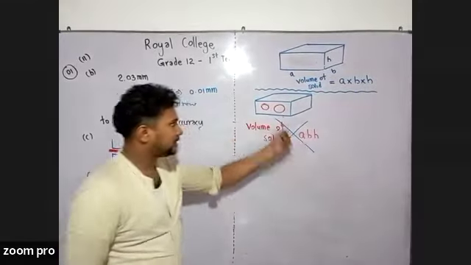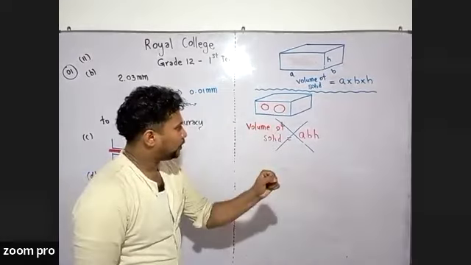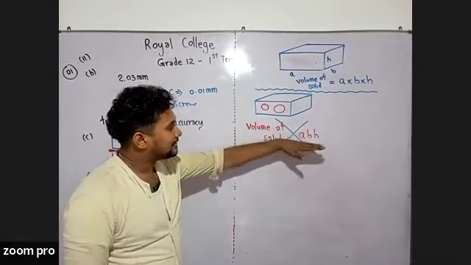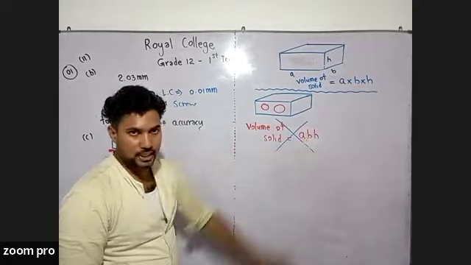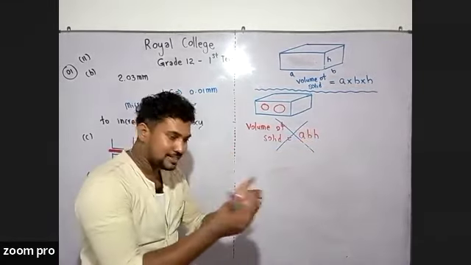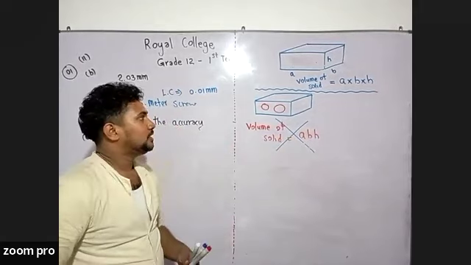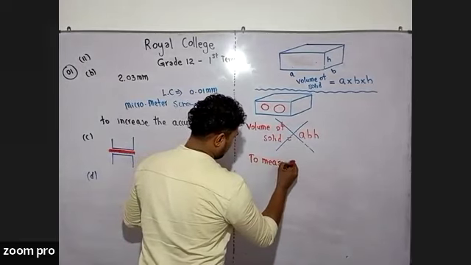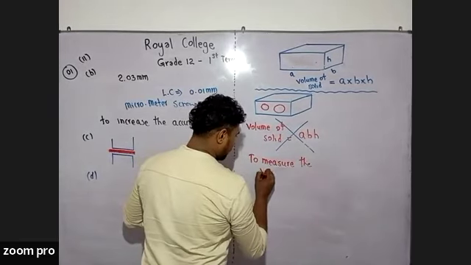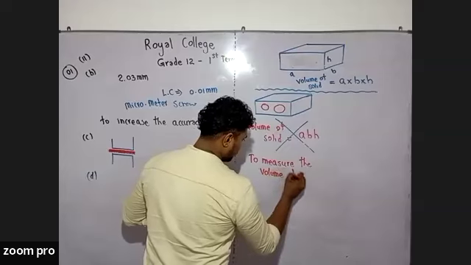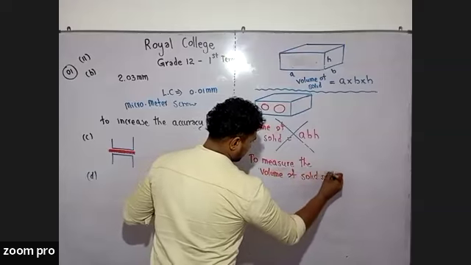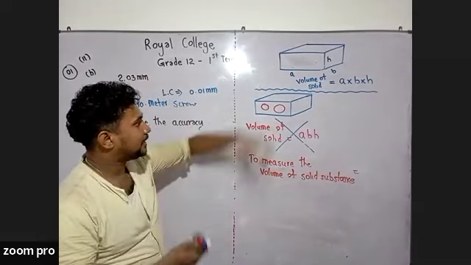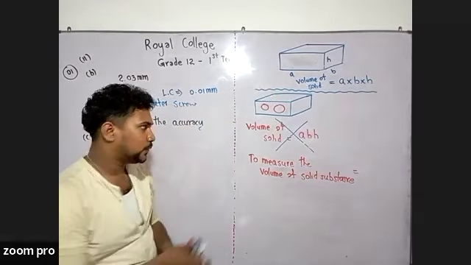If there's air filled inside this cuboid, the volume of the solid particles, or the volume of the metallic parts, cannot be obtained by using this equation, because the metallic part is less than this amount. So to measure the volume of the solid substance in this kind of instance, we use another method.